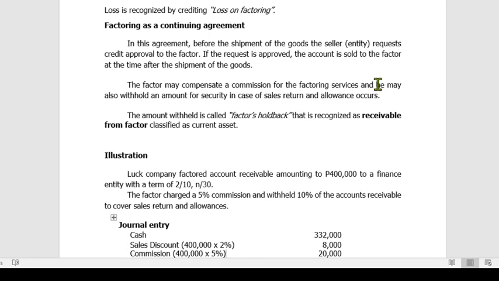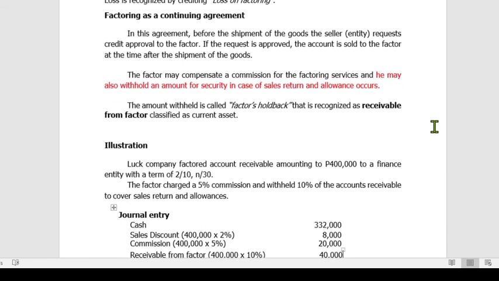Kasi ang sabi dito, he may also withhold an amount for security in case of sales returns or allowances. So this is a difference, kasi merong provision on the sales return. Bakit paano? Kasi kapag yung binentang accounts receivable ay merong mga defect doon sa mga previous, tas may mga nagsusoling customers, ano ang provision natin doon? Under the factoring as a continuing agreement, pwedeng gamitin yon as a holdback. Kumbaga, meron pa ring security naman yung pinagbentahan mo.